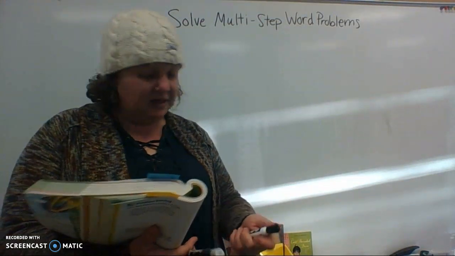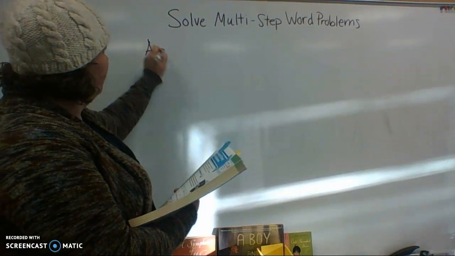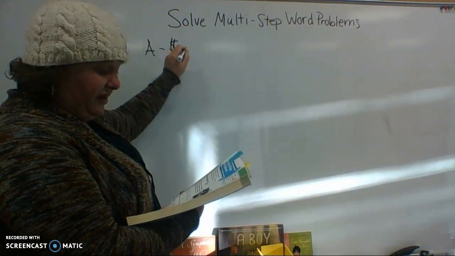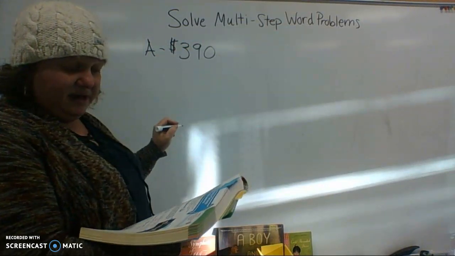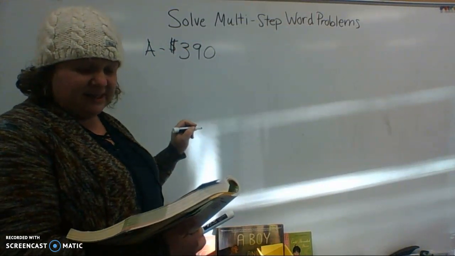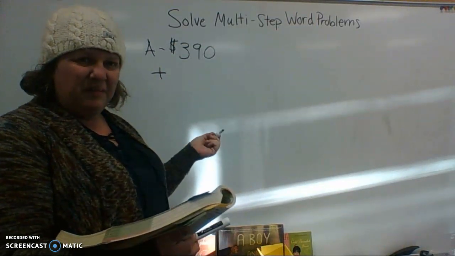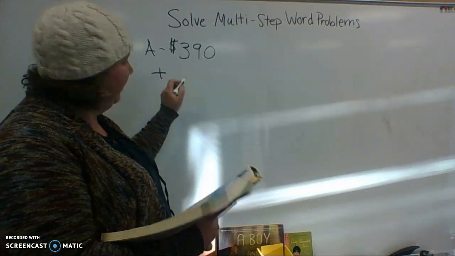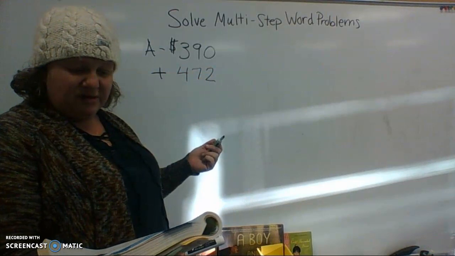So I'm going to write an A for an account here. In their account, they have $390 to start with, okay? And then they earned $472. So I'm going to put a plus sign because we're going to be adding that to the equation, right? And then afterwards they had to pay out.